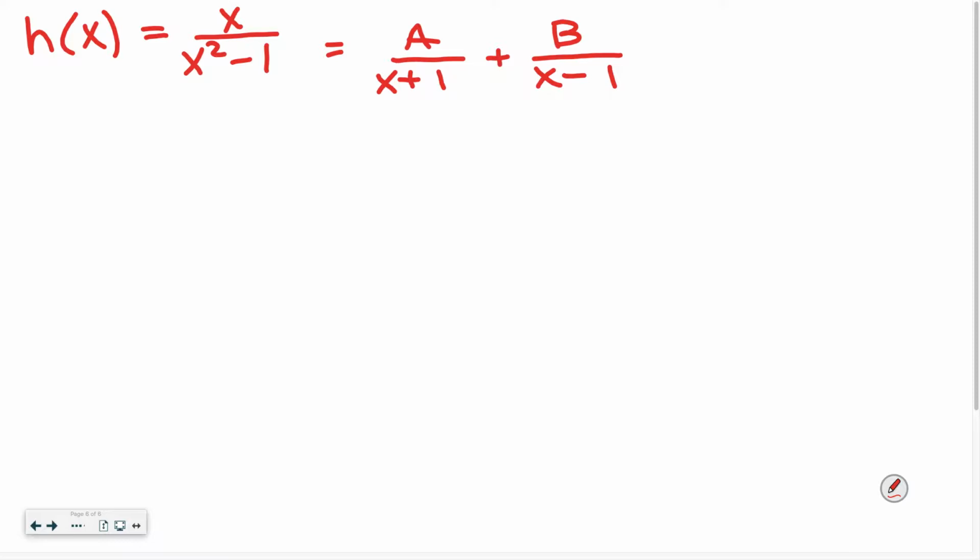Is that right? I can't remember which one's positive and which one's negative, but I know that they're the same fractions. Alright. That works in my favor.